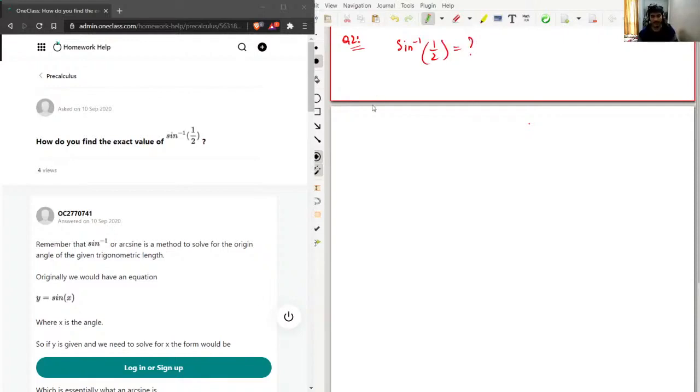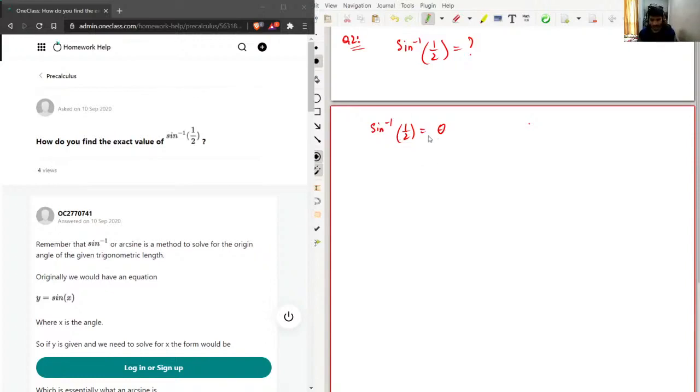Sine inverse of 1 by 2 is obviously going to give us an angle. So let's say that sine inverse of 1 over 2 is equal to theta. In the solution, they have solved using a graphical method, but if you do not have a graph with you, then you can follow this procedure.